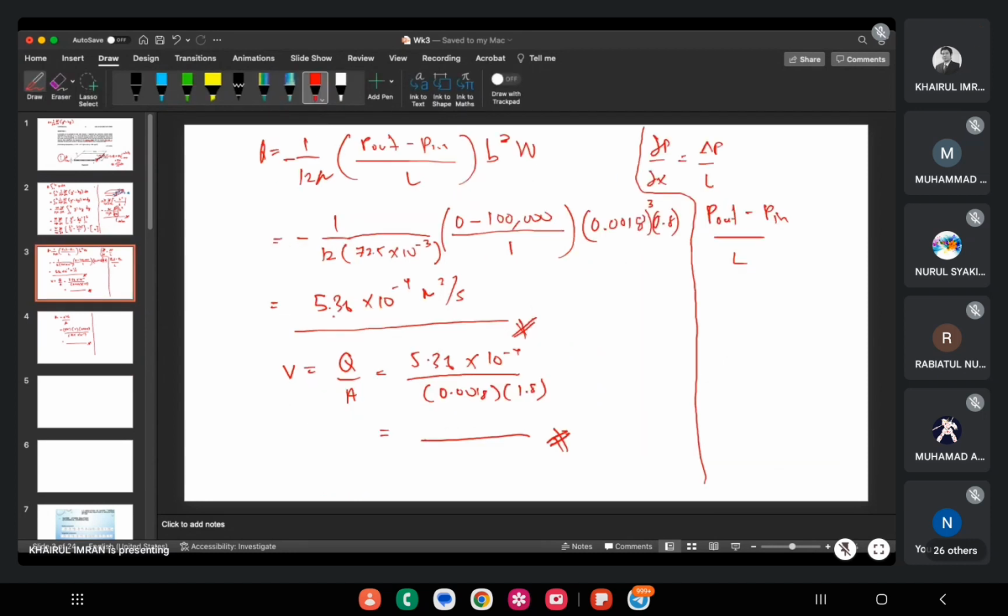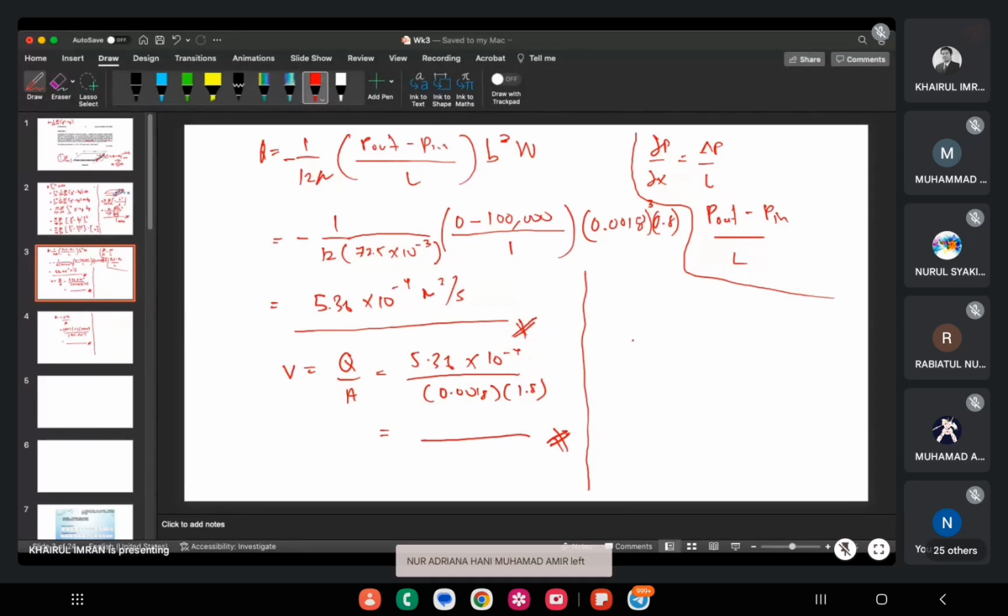Let's say I erase this. Okay, stop here. Let's say they ask for an expression, for example expression of V. So now V becomes Q, what was it? Negative 1/12 mu.